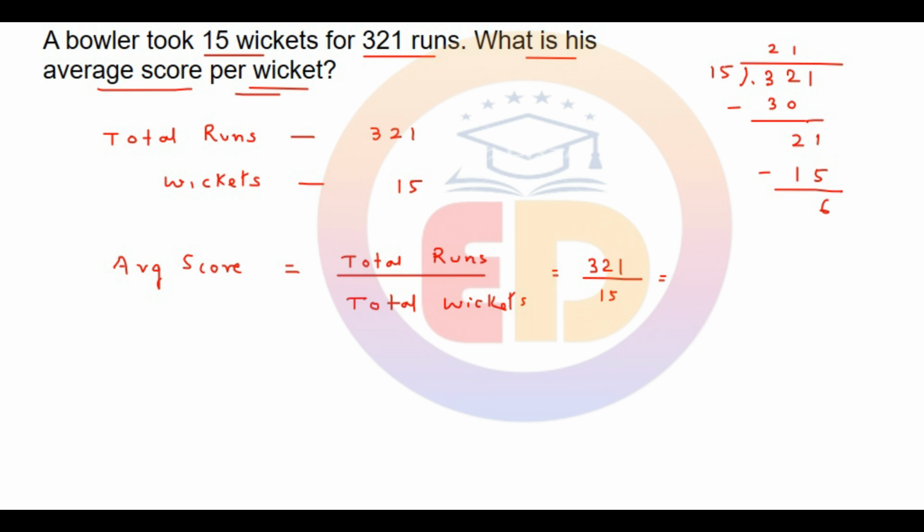To increase 6, place a 0 on the right side, and this 0 will come when you put a decimal point in the quotient. Now my number becomes 60. In 60, 15 will go 4 times. 15 fours are 60. Our division is complete. Quotient is 21.4. So the average score per wicket is 21.4.